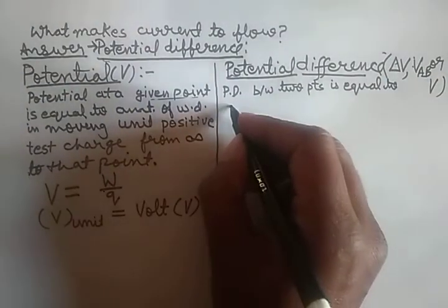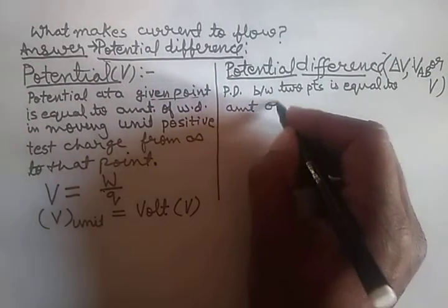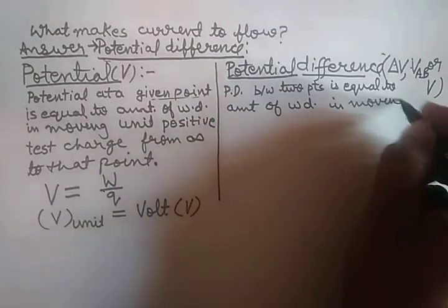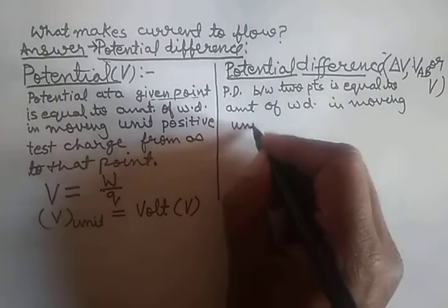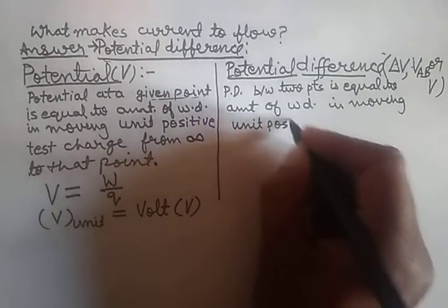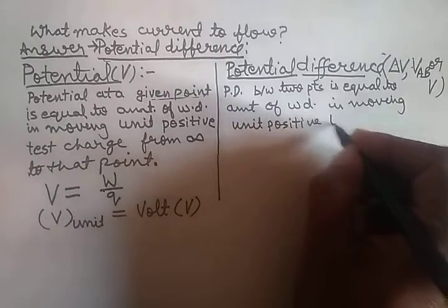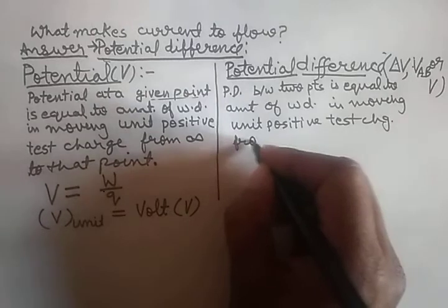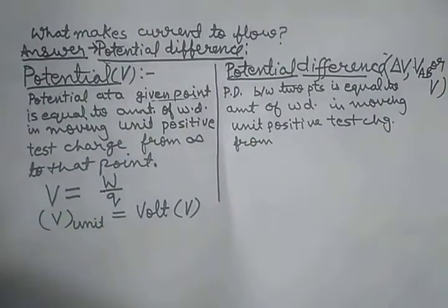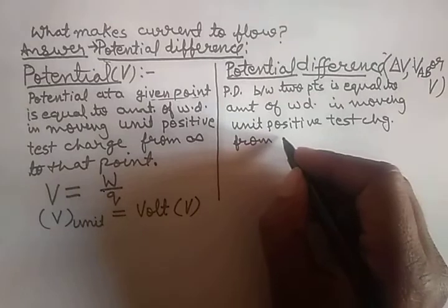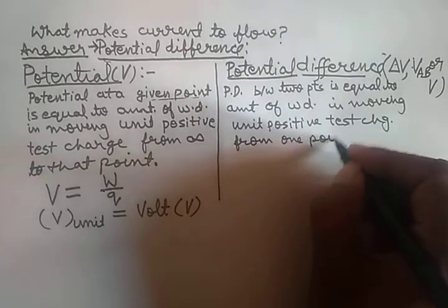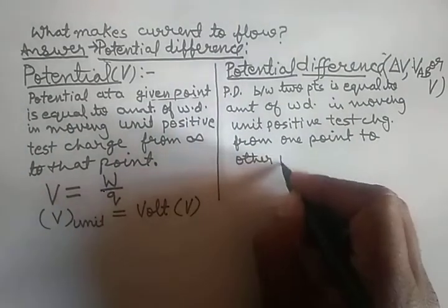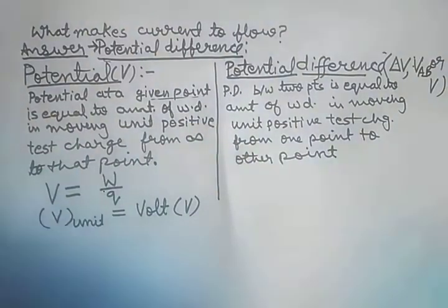the amount of work done, same thing, in moving a unit positive test charge. Now the thing will change: not from infinity to that point, but from one point to another point.